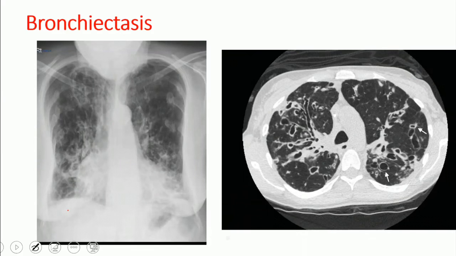Okay. So if everybody is happy, we will move on to bronchiectasis. Now this is a very typical appearance of bronchiectasis on a CT scan. You can see all these dilated airways, right up to the edge of the lung, which is very typical of bronchiectasis.